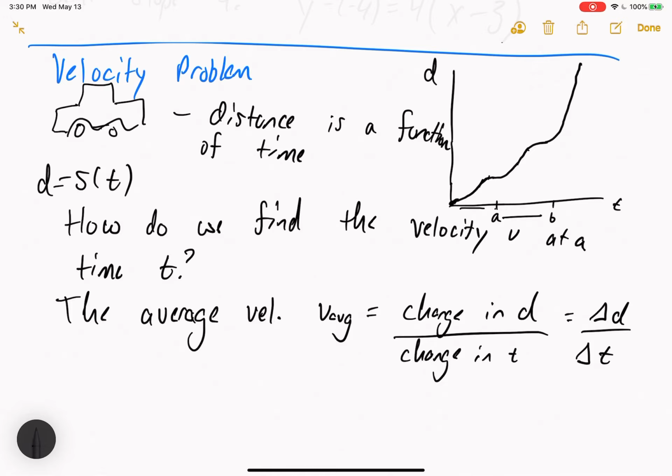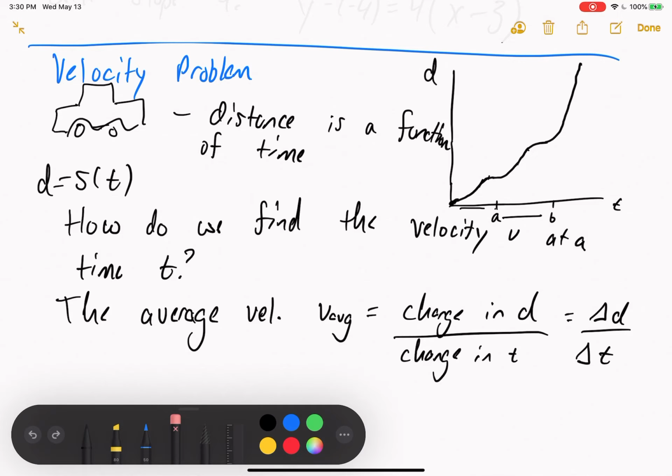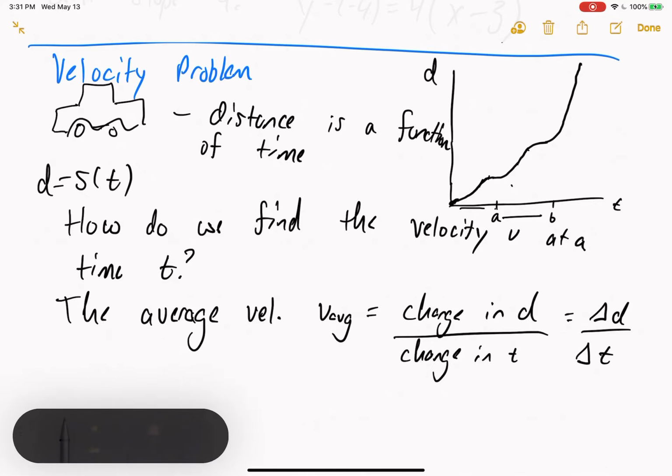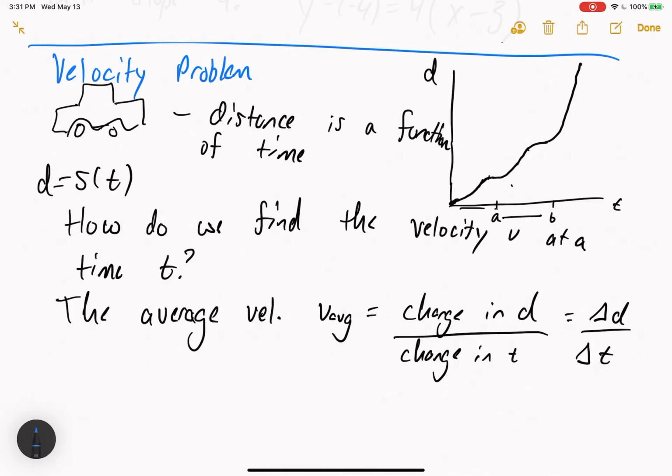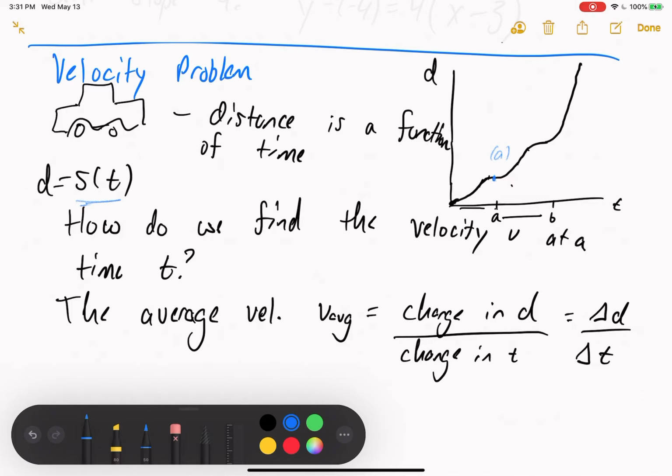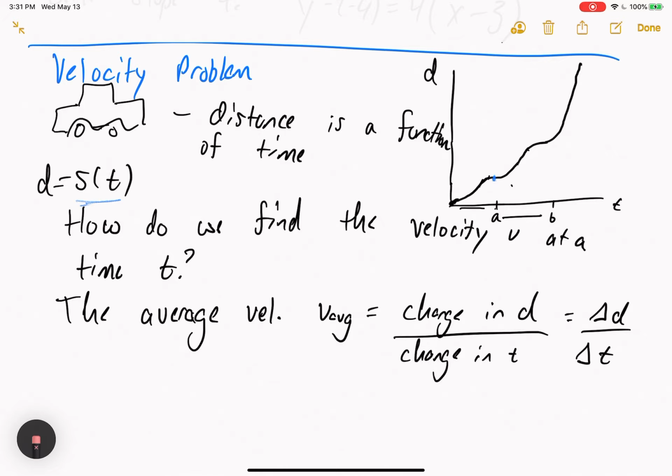We'll call that B minus A. We're going from time A to time B. If we look at the points on the curve right here, this will be s of A, and this right here will be s of B.